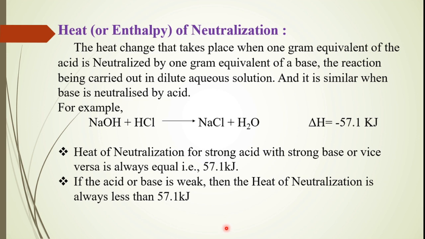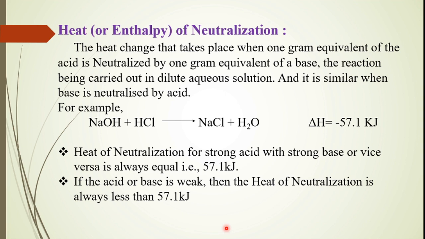So you must remember that when the neutralization is between a strong acid and a strong base, the heat of neutralization will be equal to 57.1 kilojoule, and when one of them is weak or both are weak, the heat of neutralization will always be less than 57.1 kilojoule.